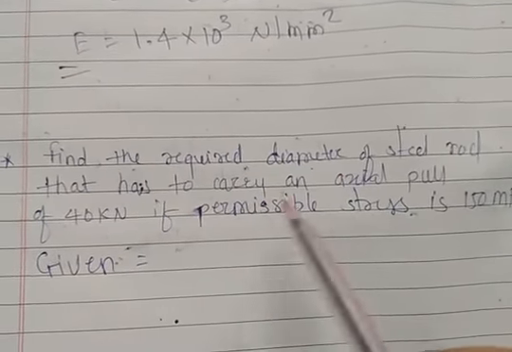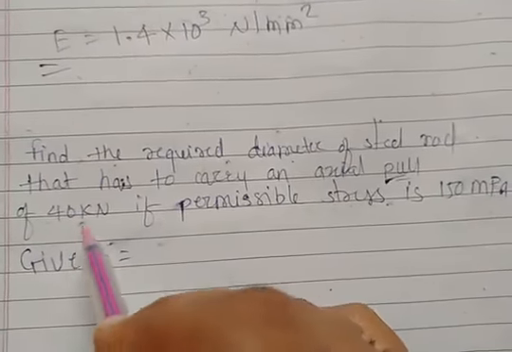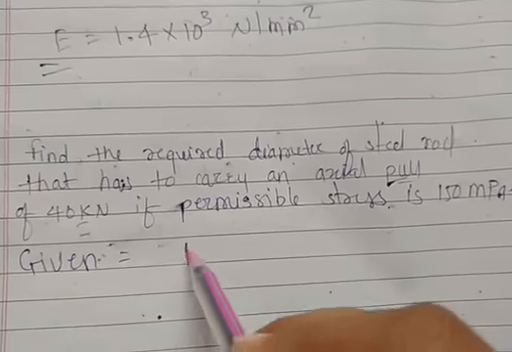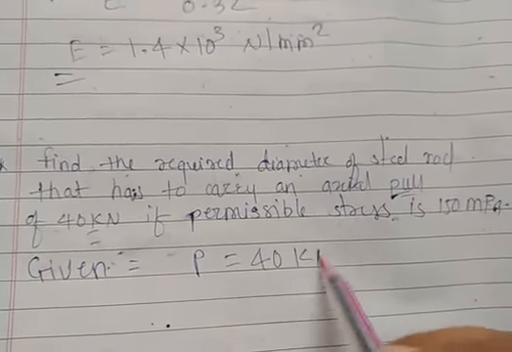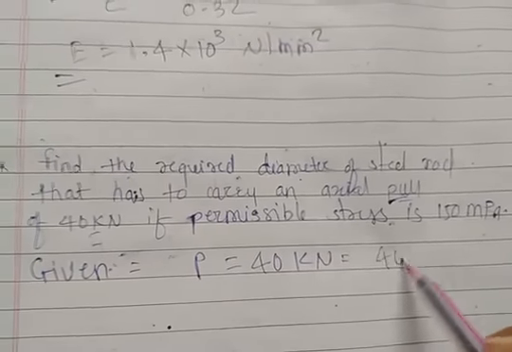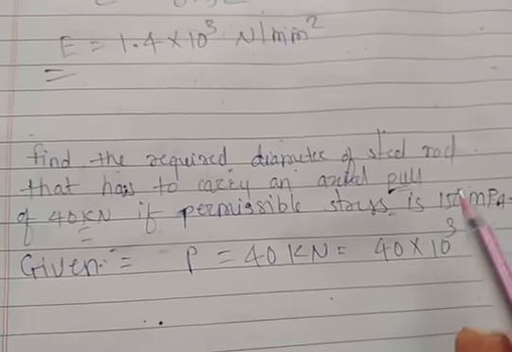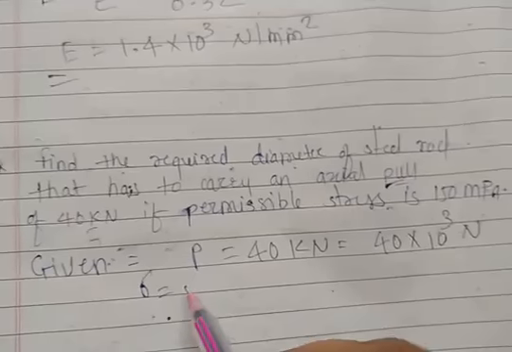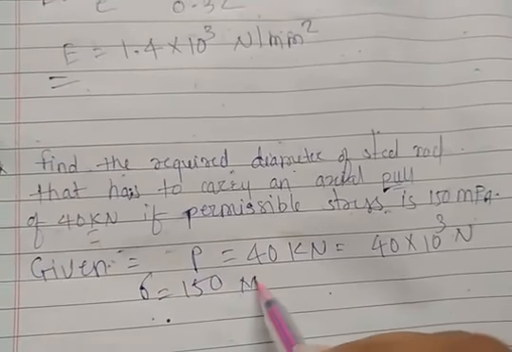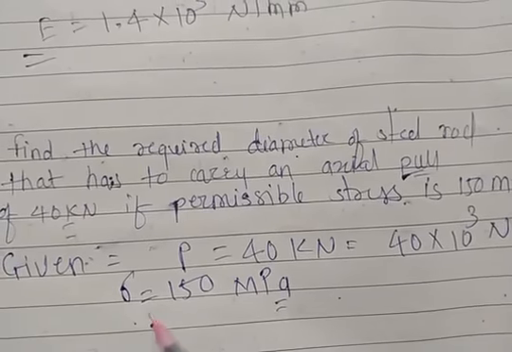The rod has to carry an axial pull. Axial pull is nothing but the load, so load P is given as 40 kilonewton, which becomes 40 into 10 raised to 3 Newton, and permissible stress is 150 megapascal. Remember this unit of stress.